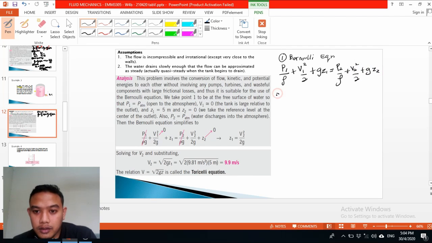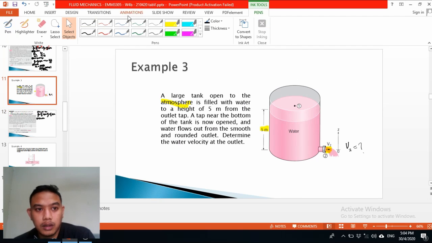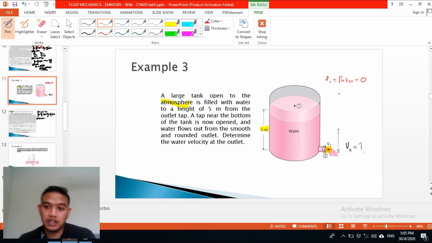The second step is information. Based on the previous, we know that at point 1 the pressure is atmosphere, so P1 is equal to P ATM, equal to 0 in terms of gauge.